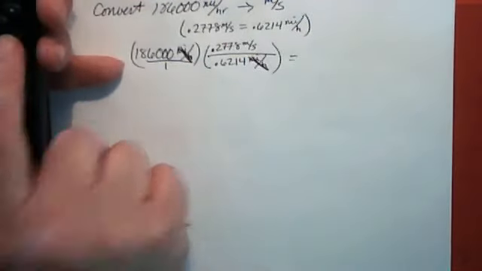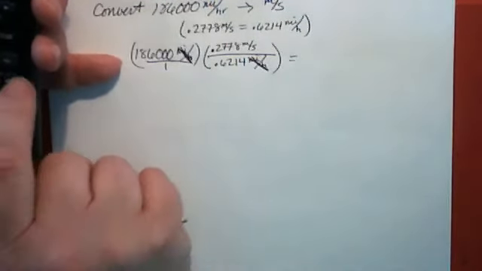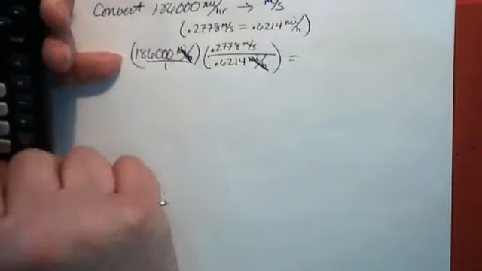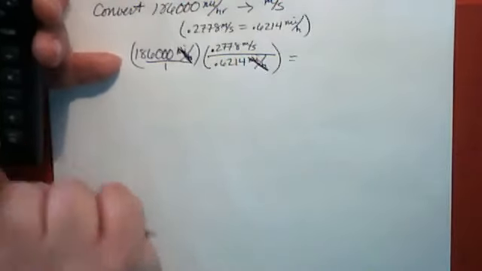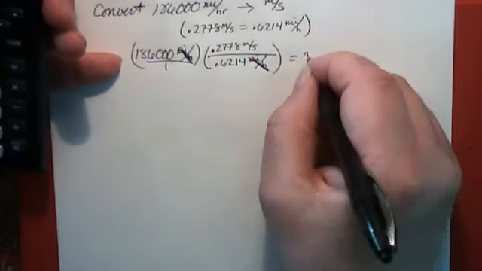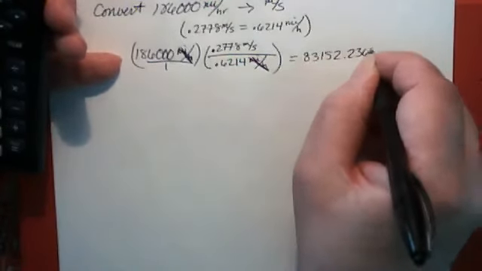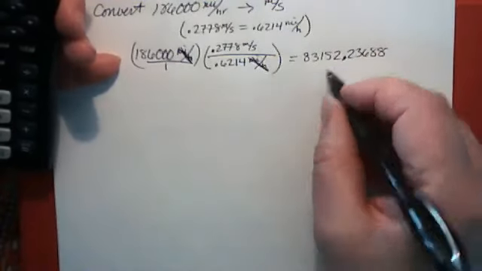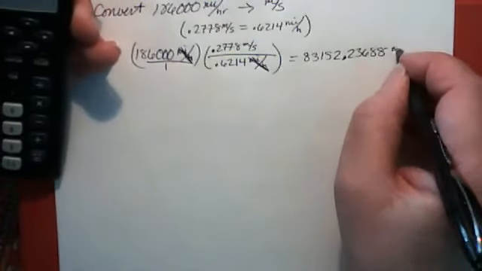And we would do this mathematically as 186,000 times 0.2778 divided by 0.6214. And we get 83,152.23688 meters per second.